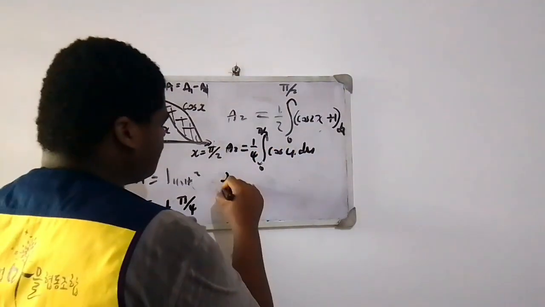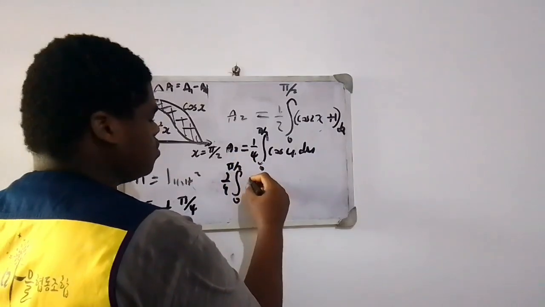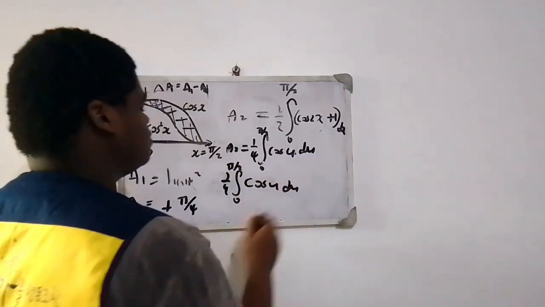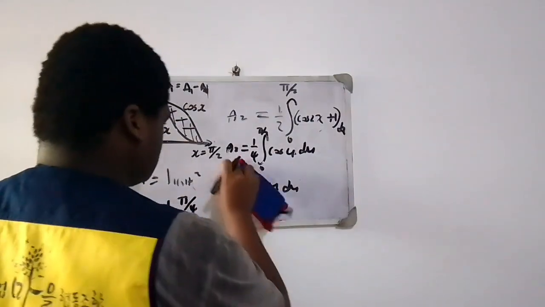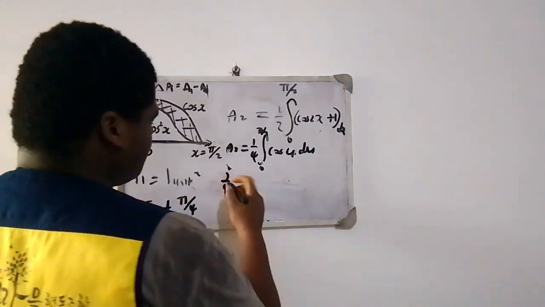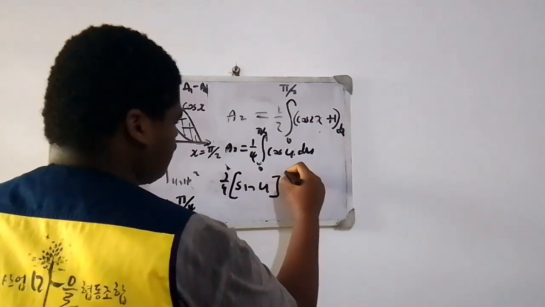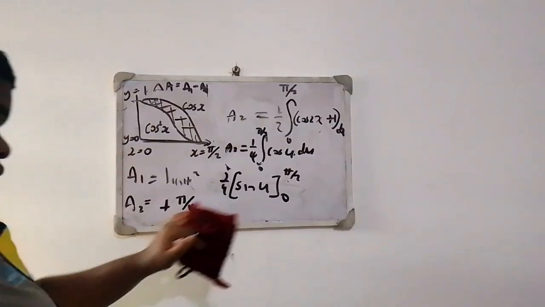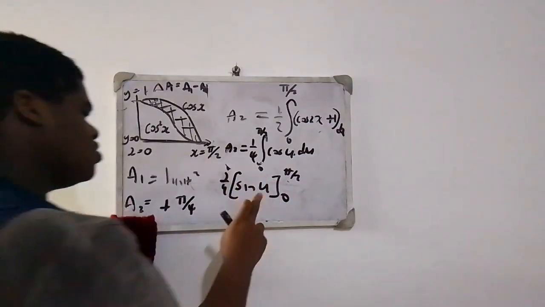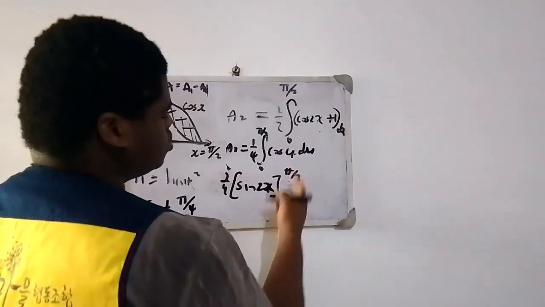So here we have 1 over 4 times the integral from 0 to pi over 2 of cos u du. The integral of cos u with respect to u is equal to sin u. So all we have here is 1 over 4 sin u from 0 to pi over 2. But remember, we had u equal to 2x. So instead of sin u, we are going to have sin 2x from 0 to pi over 2.